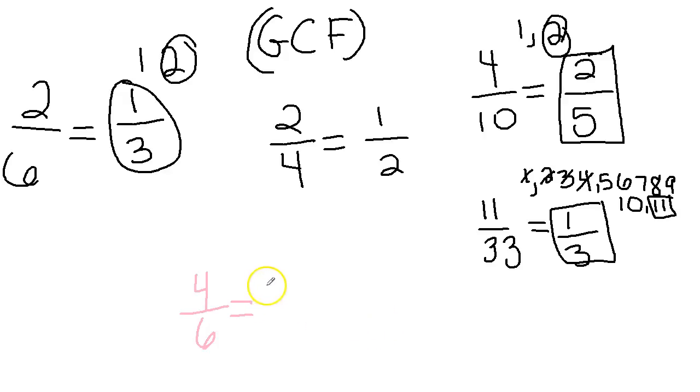You know what? Let's not do the greatest common factor for this one. Let's just do a factor. Okay? Let's just do 1. And I'm going to show you why 1 never works, okay? 1 into 4 is 4. And 1 into 6, okay, is 6.